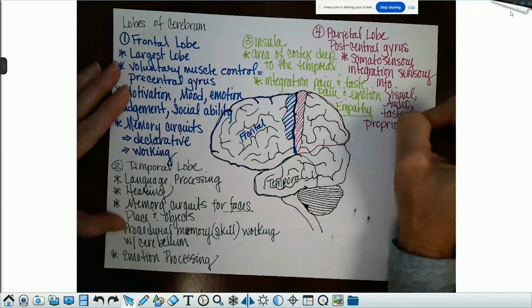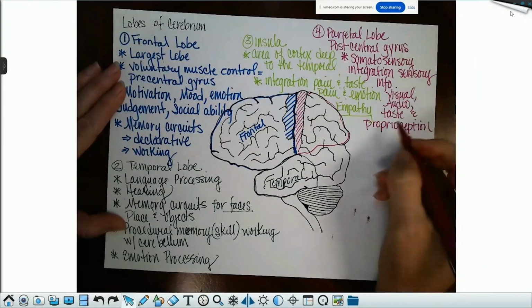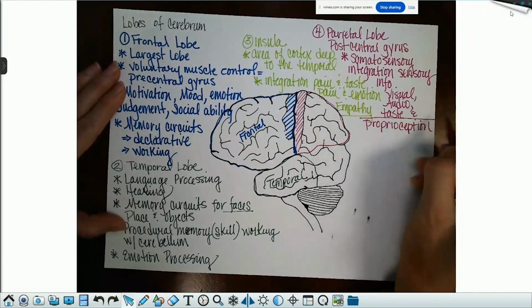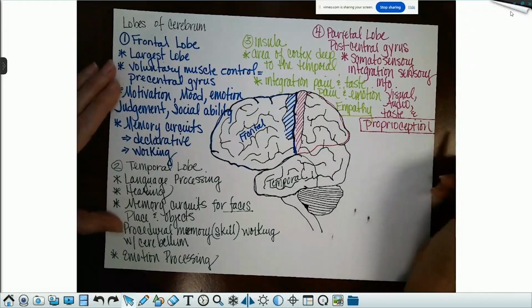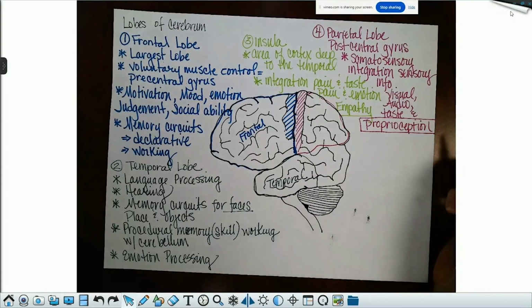So I mentioned this word a couple times in some previous lectures. Proprioception.